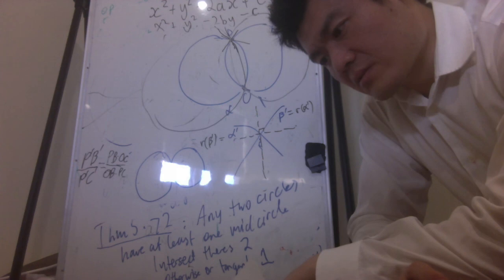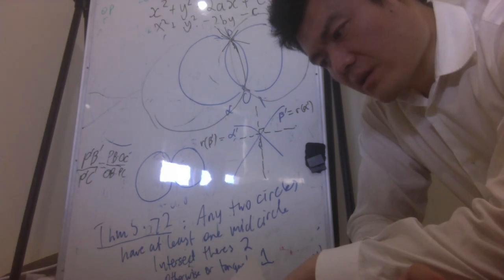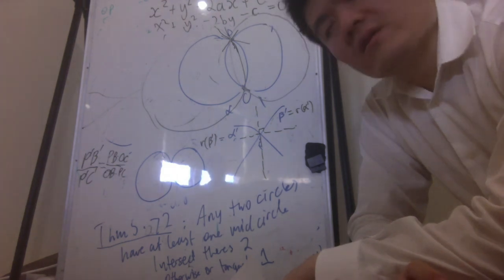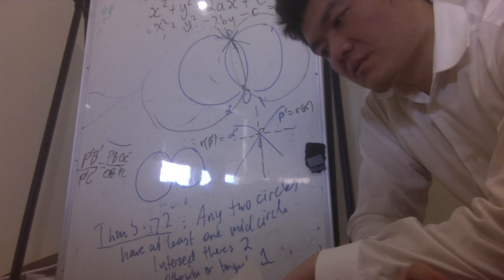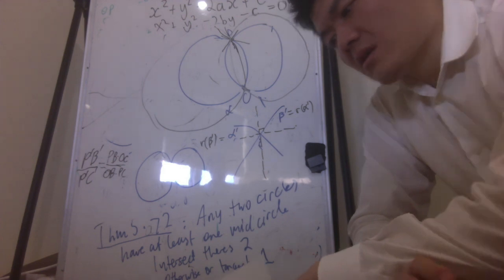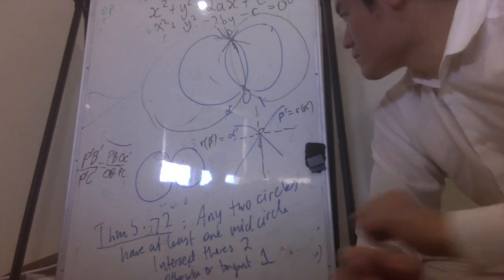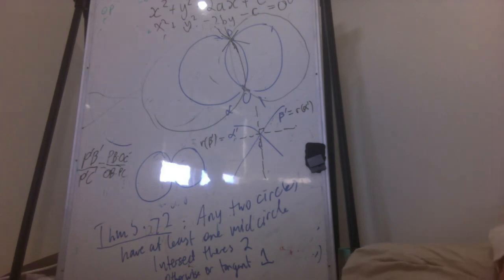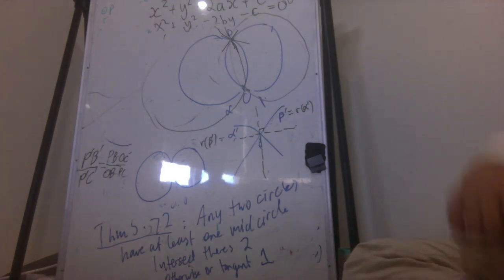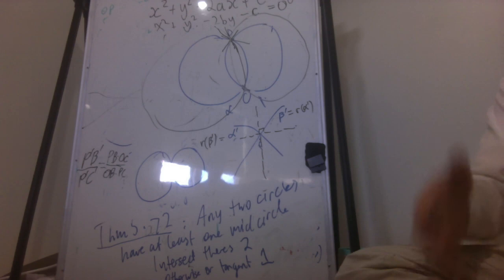non-intersecting circles, alpha and beta, have a unique mid-circle. If alpha and beta are congruent, then the mid-circle coincides with their radical axis. Congruent is like the same size. Oh, so it's literally identifying a line as a circle.